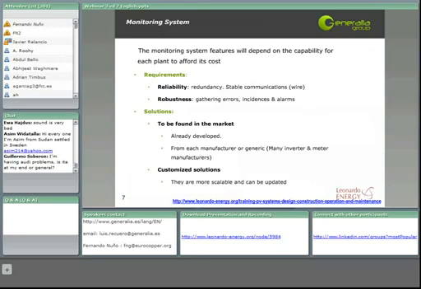Normally, we recommend using wired connections, as wireless connections may produce interference and the data may probably not be able to be read properly. It is also important, as we have said, the robustness of the monitoring system, so that we can gather all the data containing the errors, incidents, and alarms.